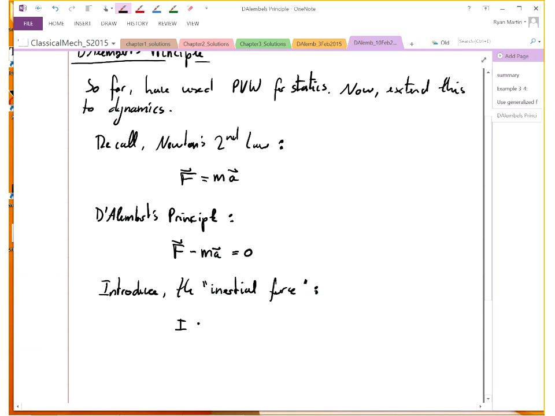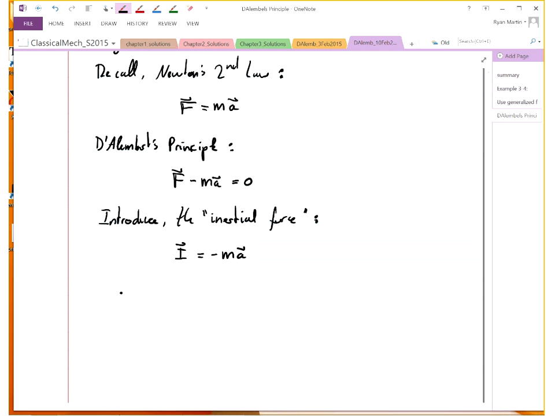So we introduce this inertial force, which we'll call capital I vector, so that when we write Newton's second law, we have F plus I equals 0.